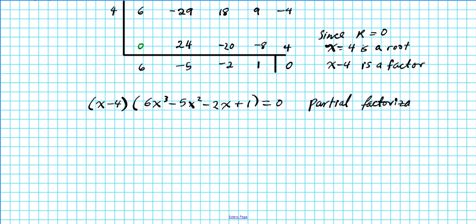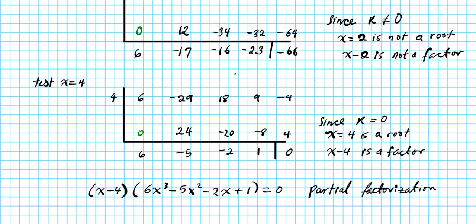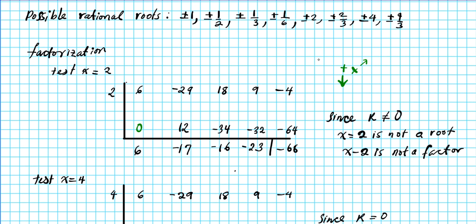Now, let's continue. This polynomial function here, 6x to the third minus 5x squared minus 2x plus 1, I can't see any factorization tricks we can use here, so we have to go back to the possible rational roots. We already tested out 4, which was good, so we want to try another candidate with synthetic division and hope we get 0 as the remainder.